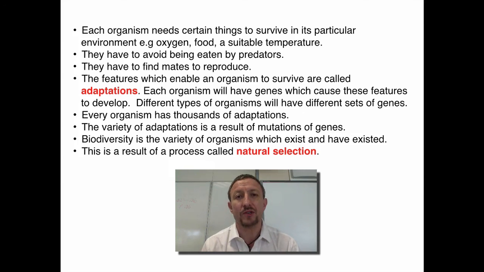Another phrase that you may have heard is survival of the fittest. And what we talk about there is the characteristics which allow an organism to adapt to an environment and exploit that environment to its specific needs so that it can reproduce and pass on its characteristics to young.